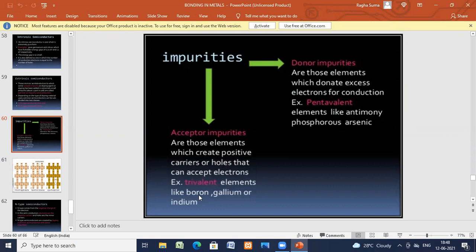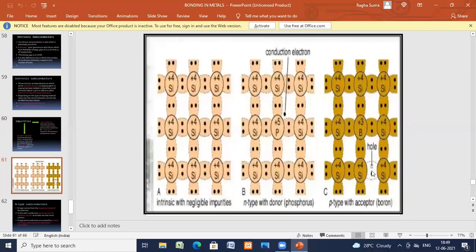Trivalent elements like boron, gallium, or indium are doped. Once you dope a trivalent element, in place of 4 you have only 3 electrons. So the silicon crystal is deficient of 1 electron, and therefore a hole is created there. One minus is less, so we have 1 plus: 1 hole is created, a positive charge.